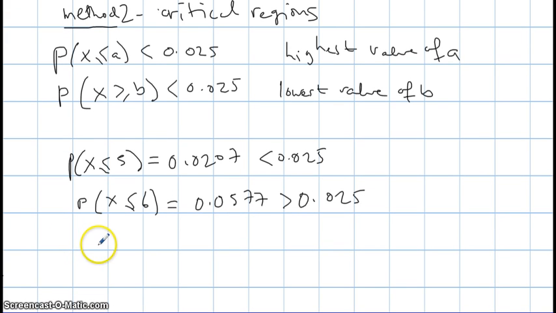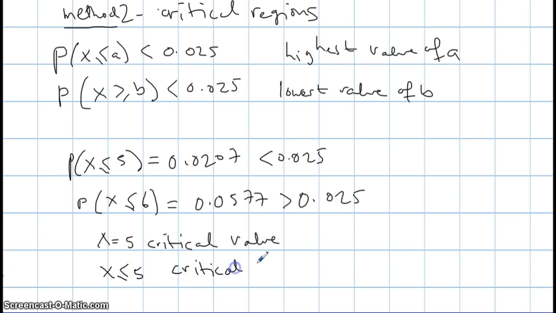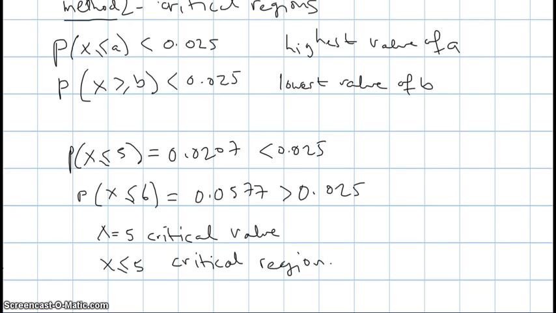So when x equals 5, we have a critical value, and this determines the critical region. So x is less than or equal to 5 is our critical region.